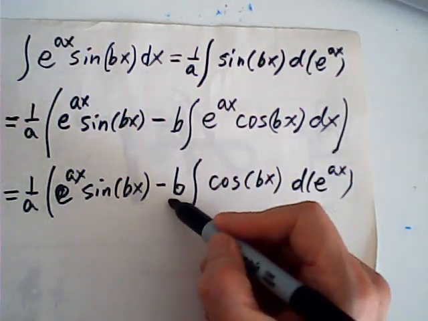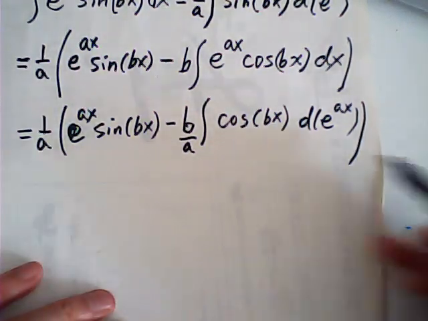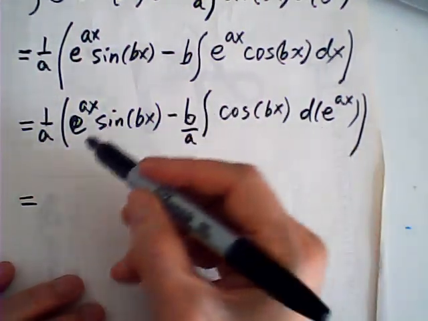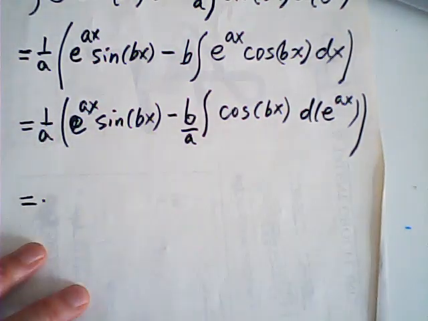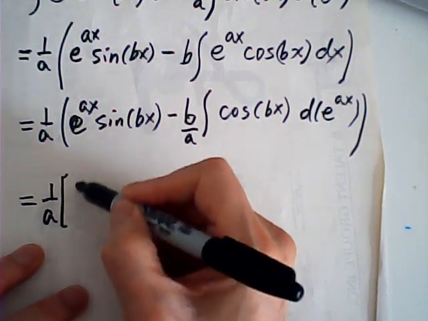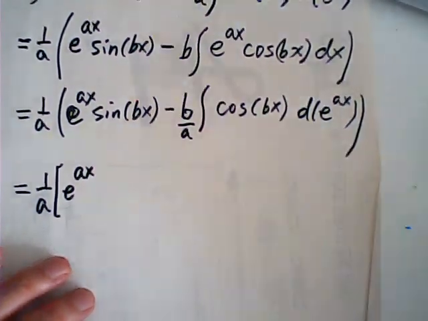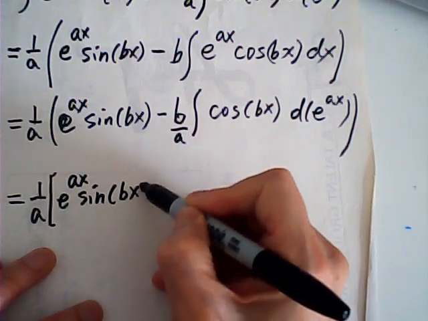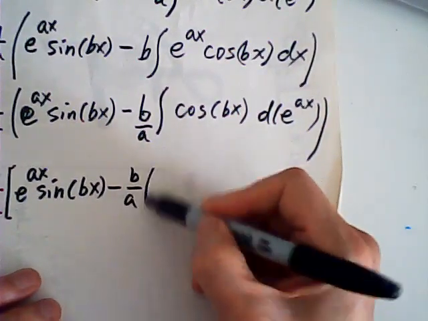I don't have a here, so I divide by a again. Now it's equal. Then this one is equal to, that's correct, 1 over a e to the power ax sine bx minus b over a bracket.